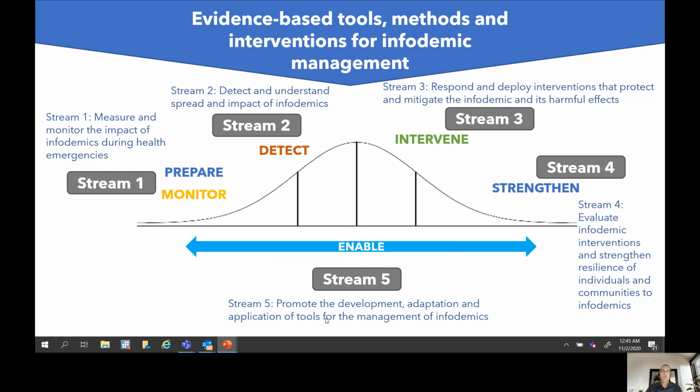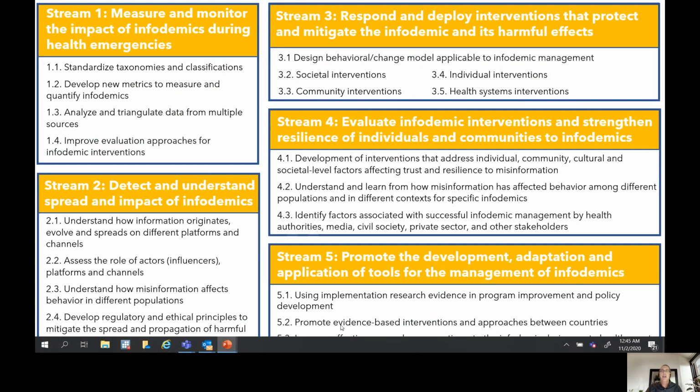And then the final stream really promoting the development and adaptation and application of tools for the management of infodemics. I don't have time to go through this slide, but for each of those 5 streams I went through, there are more specific steps and objectives that have been identified. But it'll be in the slide deck that you'll have. You can go through that later.